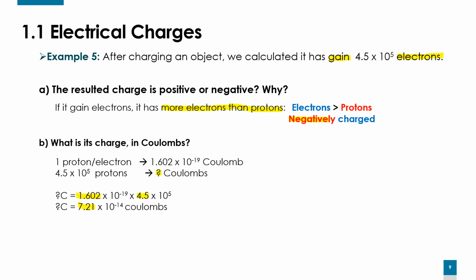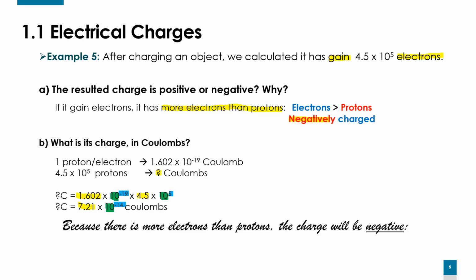Now for the 10. So 10, the same base, 10, the same base here. So I keep the 10. And what do I have for the exponent? So I have minus 19 and 5. Minus 19 plus 5, I get minus 14. Okay, so this is my final charge.